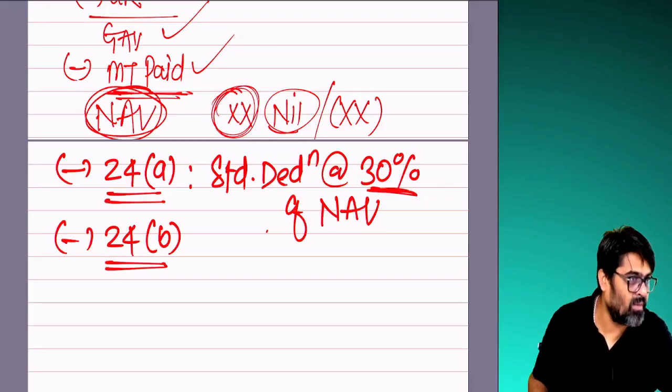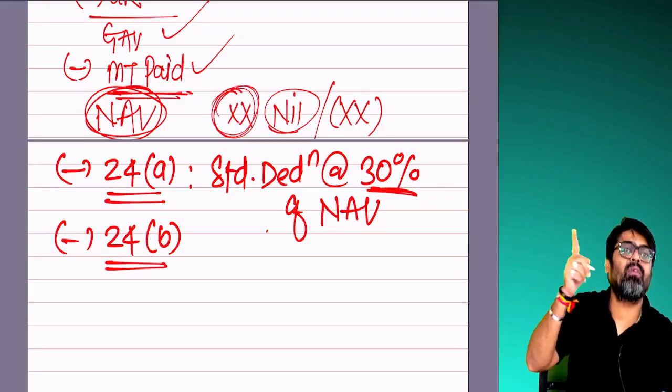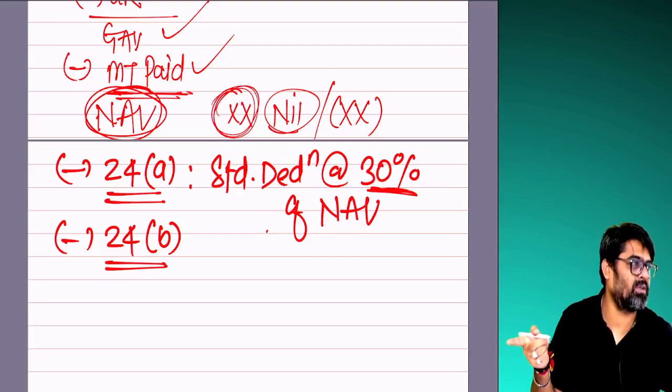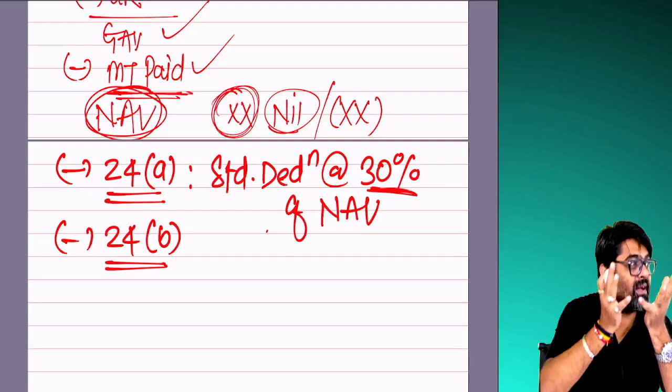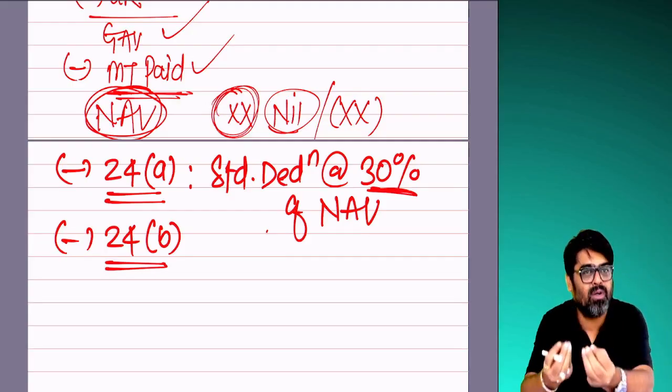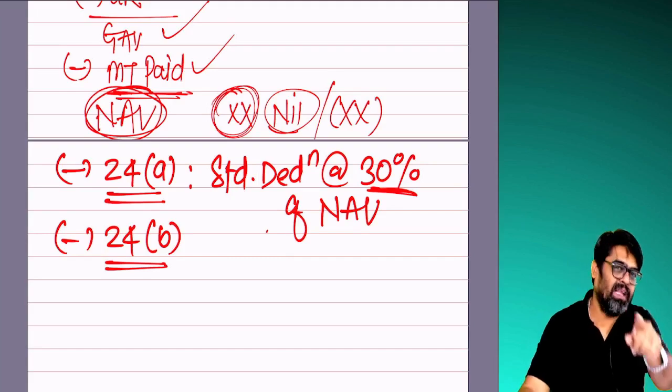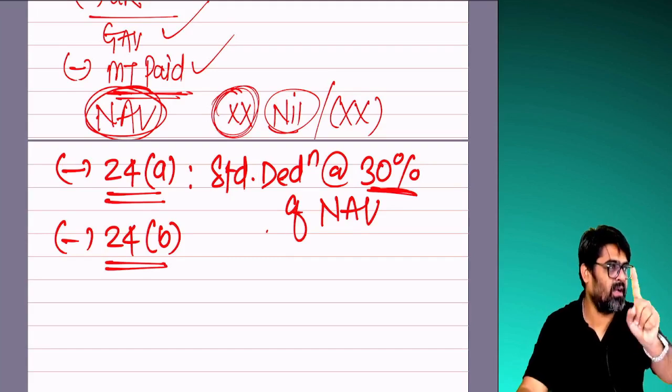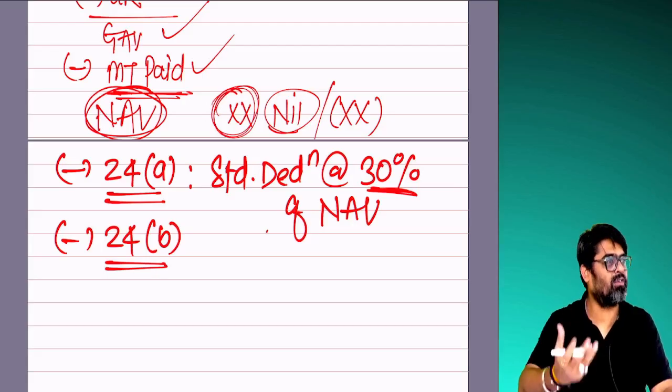Even your time will be lost, and the government's time will be lost to check whether the deduction for expenses you are claiming is correct or not. So please save your time, energy and efforts, and we'll do the same.